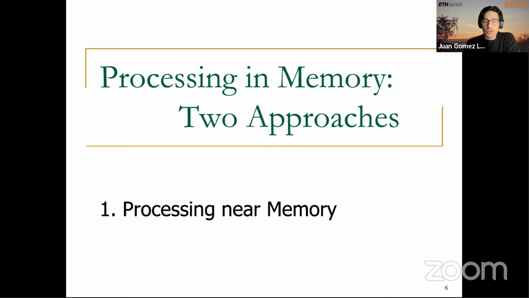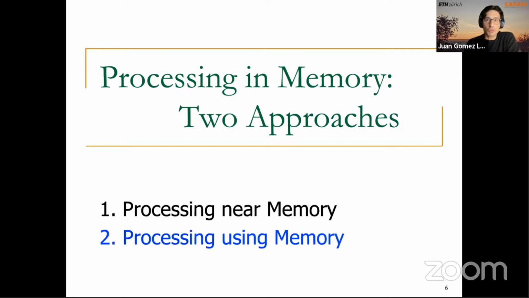But in the beginning, when we started this course, and also in some other lectures, when we talk about real world processing in memory systems, we also talk about another approach to processing in memory that is called processing using memory. You may remember this. We are going to recap on this, and we are going to talk during the whole lecture about processing using memory today.